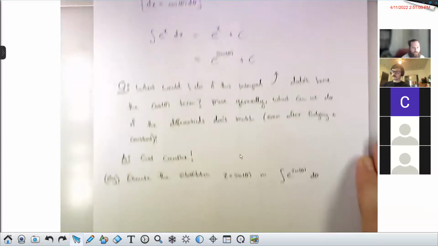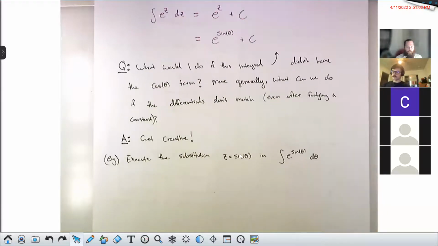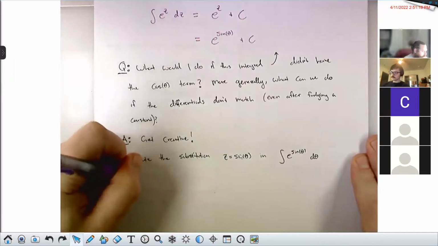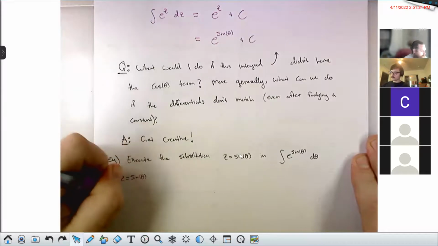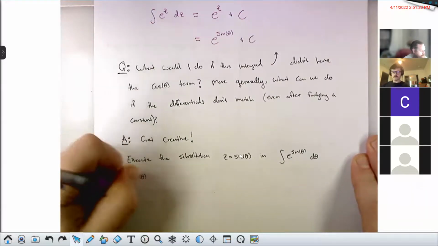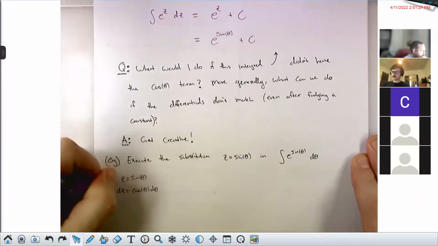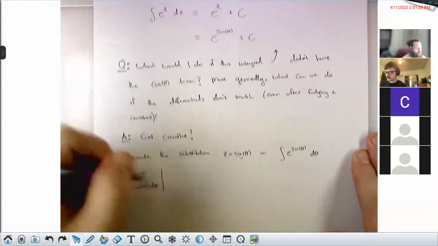We will not be able to finish this. We will not be able to find the antiderivative here. But I will be able to give you an equivalent integral in terms of the variable z. If z is sine theta, then dz is still cos theta d theta, but I don't have a cosine anywhere.